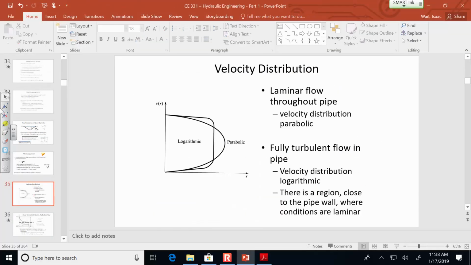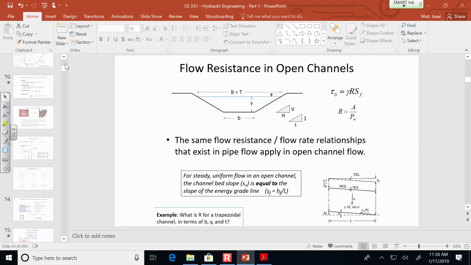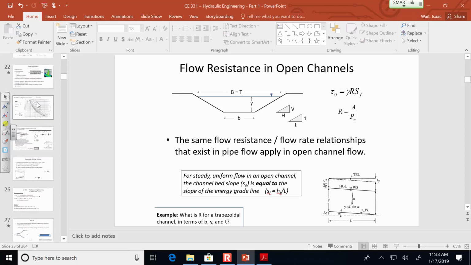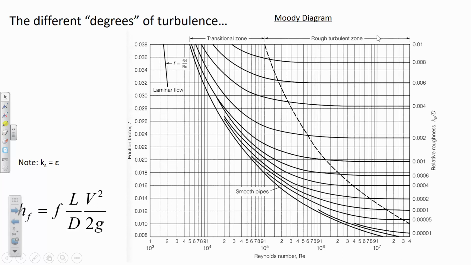And if we go back to the Moody diagram that we looked at in class last time, it differentiated between these two flow regions. The rough turbulent is also another way of saying fully turbulent flow, and transitional flow. In the rough turbulent zone, what it means is the friction factor is not changing as the Reynolds number goes up.